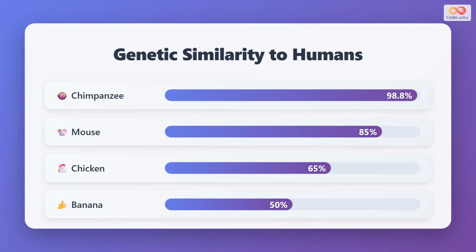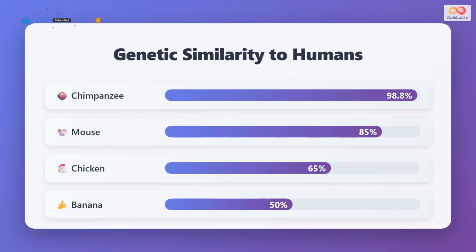Looking at overall genetic similarity gives us a clear picture of evolutionary relationships. Humans share 98.8% of their DNA with chimpanzees, our closest living relatives. We share 85% with mice, which are fellow mammals but from a more distant branch. With chickens, we share 65%, reflecting our more distant relationship as vertebrates.